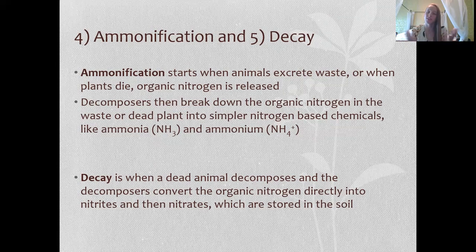That's why it's called ammonification, because we're making ammonia and ammonium out of other nitrogen products. And then decay is when a dead animal decomposes. Those decomposers convert the organic nitrogen directly into nitrites, which then get converted into nitrates, which are stored in the soil.